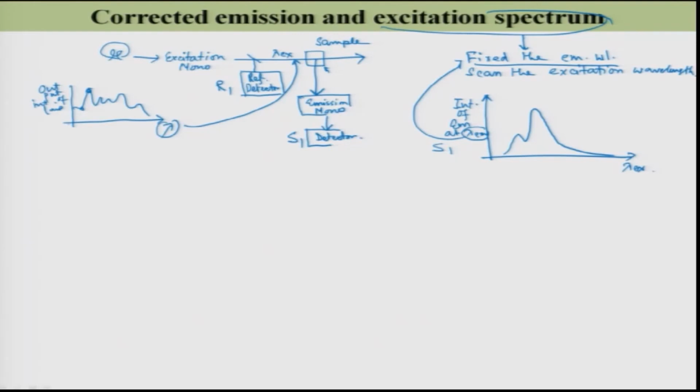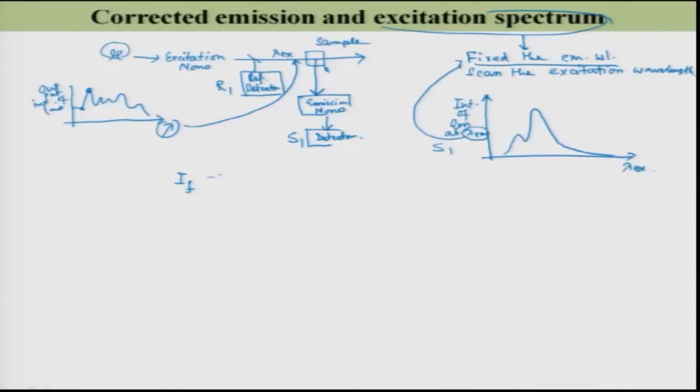Let me show. I said that the intensity of fluorescence is proportional to the intensity of excitation light and the concentration. If concentration remains the same, then this is just proportional to the intensity of absorption. So, IF is proportional to IA. And what is the proportionality constant?